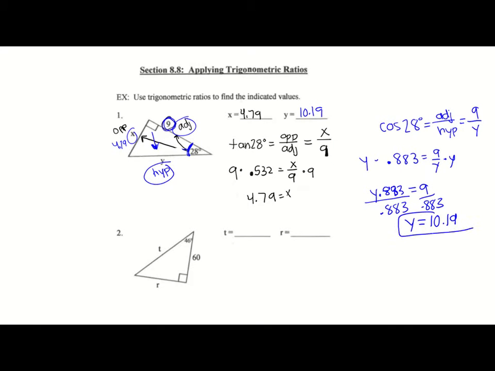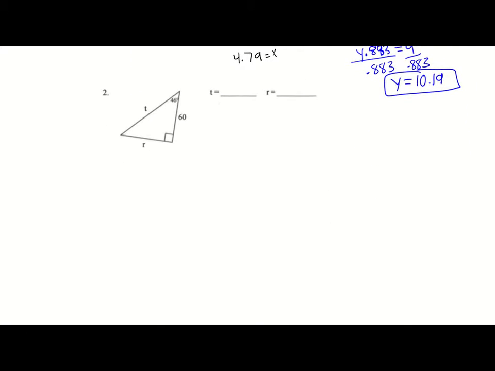Okay, so that is how I can use my trig ratios to solve unknowns in a problem with the right triangle. So if I look at this next one, I see my given piece of information over here in relation to this angle that I'm given. This is my adjacent. If I'm looking at t first, I know t is my hypotenuse. It's the longest side. So I need a trig ratio that relates adjacent and hypotenuse, which I know is cosine.